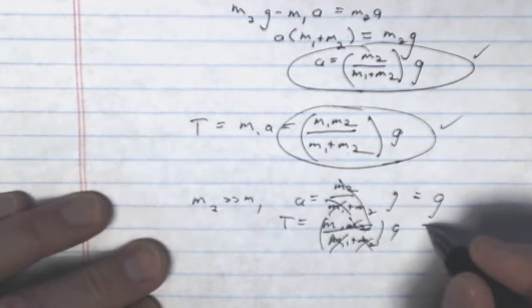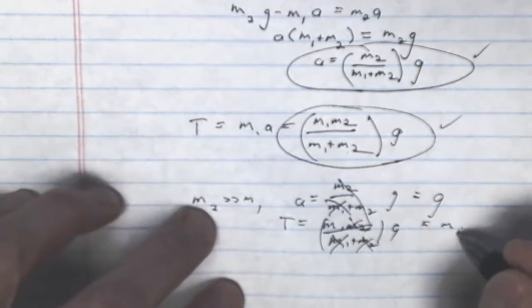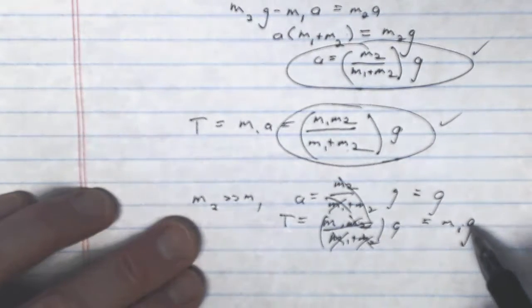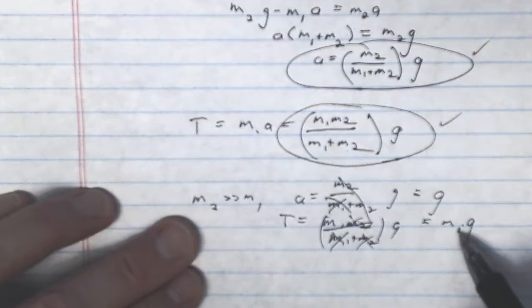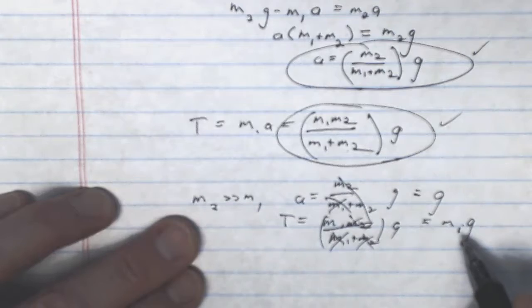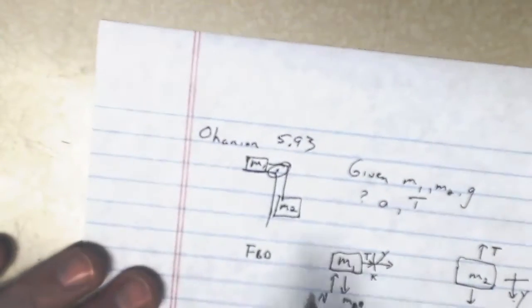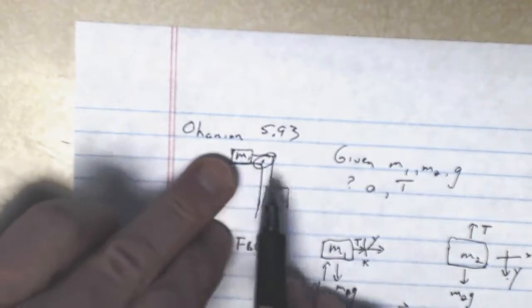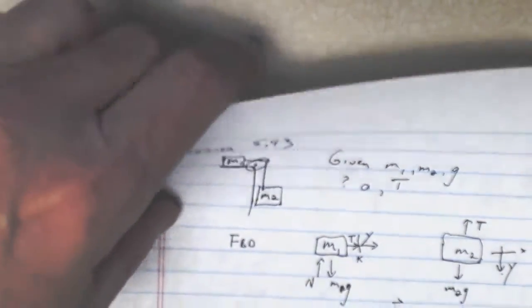The tension is equal to m1g. And if m1 is very small, then this tension is going to be very small, which is what we expect. It's interesting to note, and this is something you might not have guessed, that if m2 is much, much bigger than m1, it's m1 that determines the tension, because it's still the only thing resisting the fall of m2. If m1 went to 0, then the tension would go to 0.